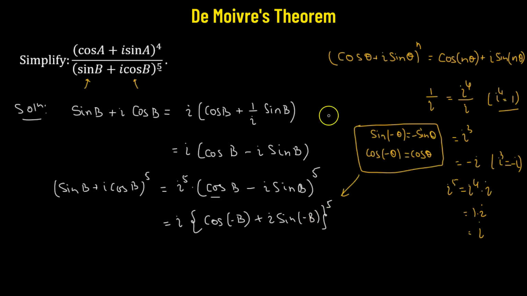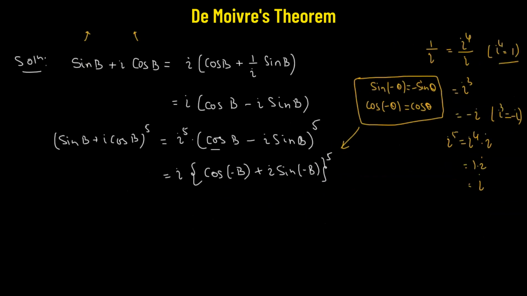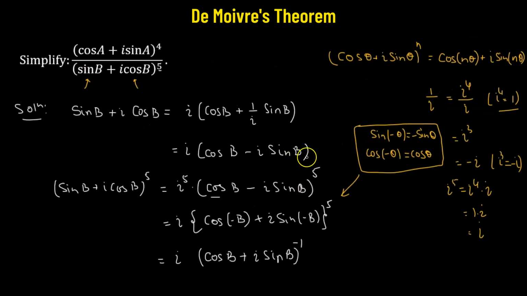Now this is done. Now we can apply De Moivre's theorem. So we will have iota multiplied to cosine of positive b plus iota times sine of positive b whole raised to the power of negative 1. So we have used De Moivre's theorem here, where the n value is negative 1.